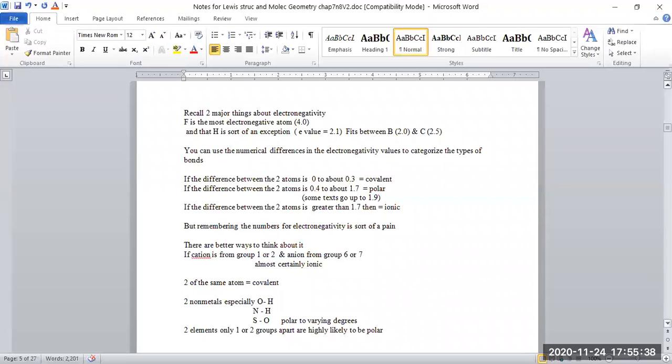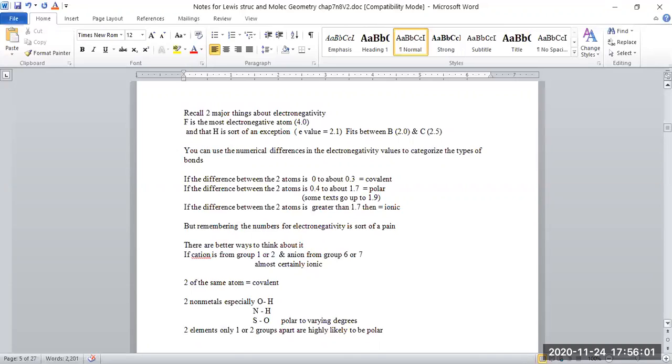If your two atoms have some difference in electronegativity, we're going to call it polar. But if it's greater than 1.7, and I probably should have put the 1.9 in parentheses there, then we're going to say it's ionic.